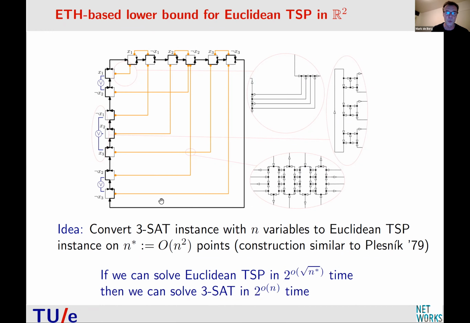But more precisely, if I can solve Euclidean TSP on n squared points, I can solve 3-SAT on n variables. So to contradict the exponential time hypothesis, I have to solve 3-SAT in 2 to the little o of n, but then I have to solve TSP in 2 to the little o of square root of n. This is how you get these conditional lower bounds of the form 2 to the square root of n.